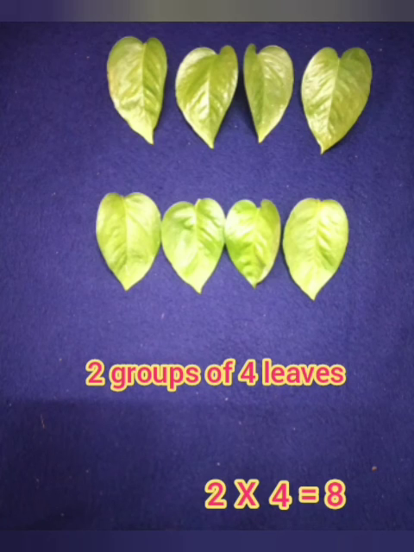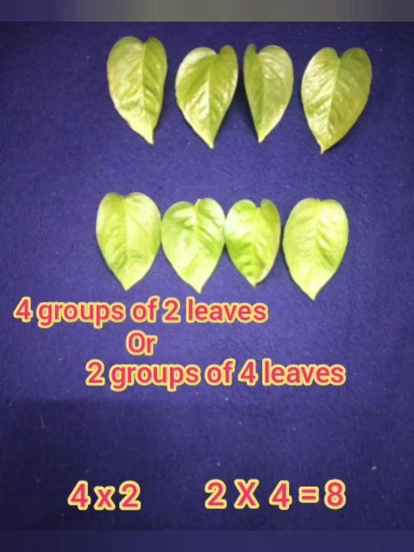So friends, if we write 4 groups of 2 leaves or 2 groups of 4 leaves, we will get the same answer, that is 8. So we can say 4 multiplied by 2 is equal to 2 multiplied by 4, which is equal to 8.